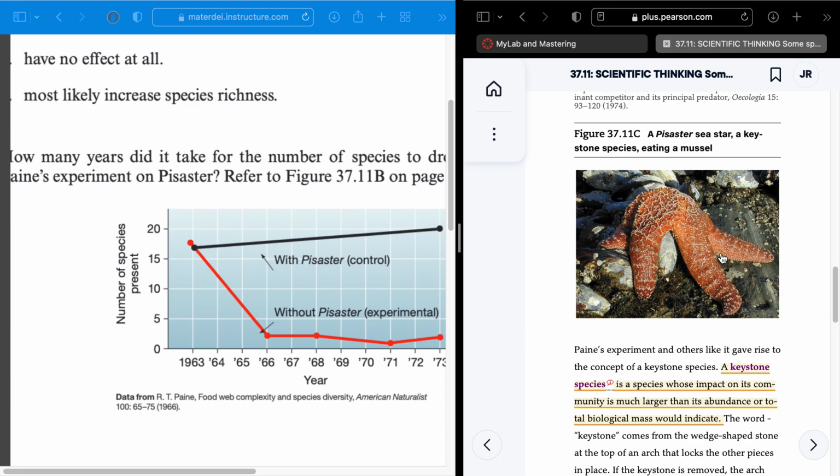So there are examples of a keystone species in almost every ecosystem. If you take out wolves, for example, like they did in Yellowstone in the 80s, then it had a drastic effect on almost every animal that lives in that big, huge park. Because they end up controlling each other. They set the balance.